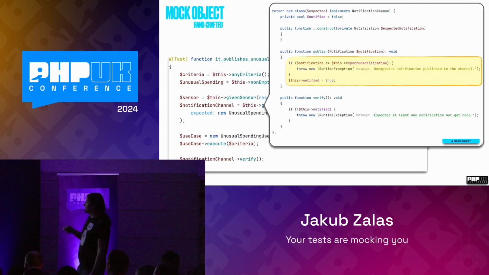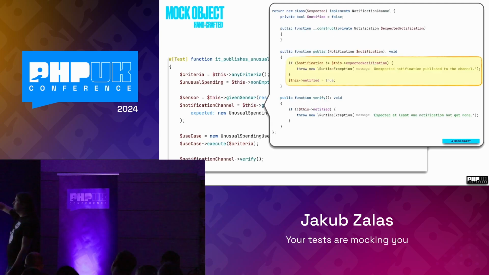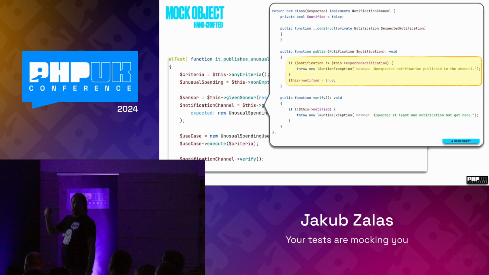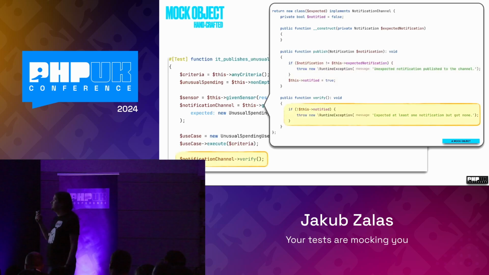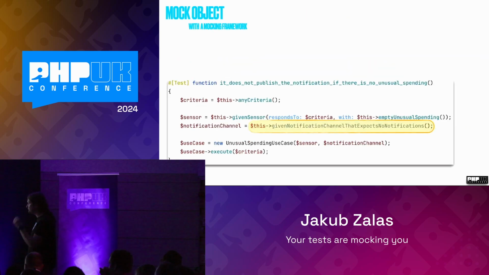So if you handcraft that mock, when the method is called on the object, you need to verify if arguments are what you expect them to be, but also you need to track if that call was made at all, because at the end you'll have to make that verification, because if it wasn't called, that exception is never thrown. So we need to track those calls anyway. So stubs are a bit easier to implement from this perspective.